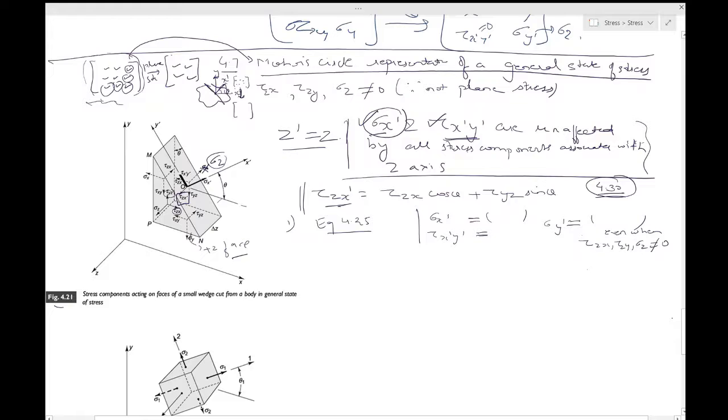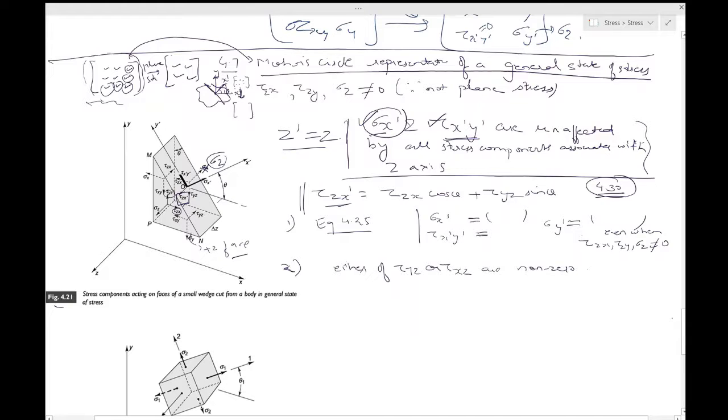When they are 0, it is anyway there, and when it's not 0, this will be true. That's the first one. And the second one is that if either of tau yz or tau xz are non-zero, then in general there will exist a shear stress component tau zx bar in the x dash face, this one.